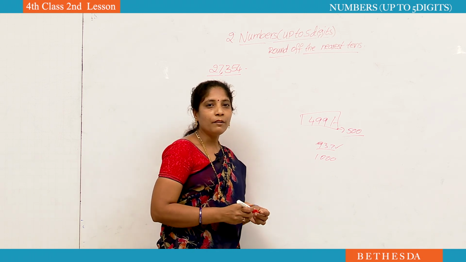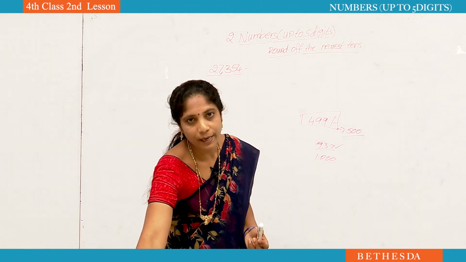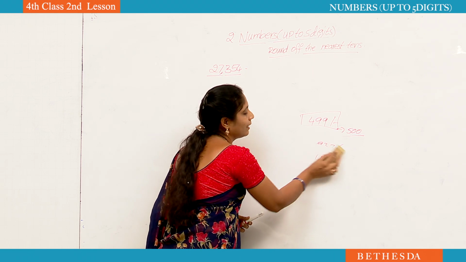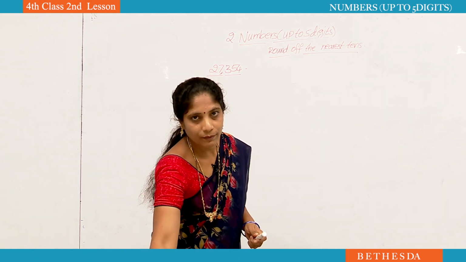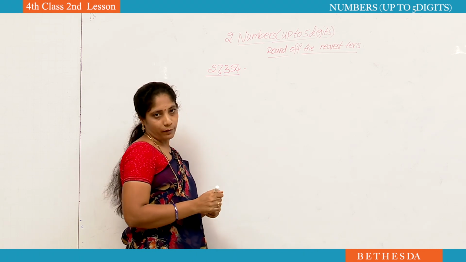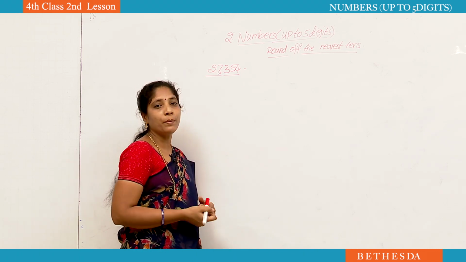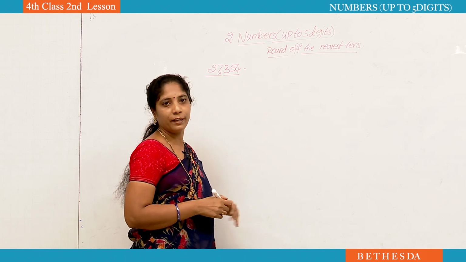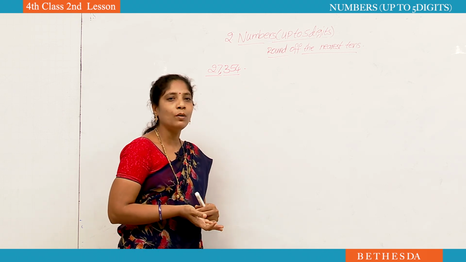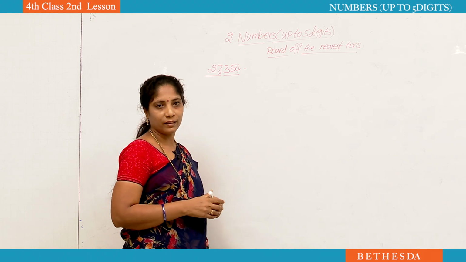Because he finds the nearest, to calculate easily. They will say round off, they will say the estimated value. We can say round off or estimated value. If they ask for estimated value or round off also, you have to do it like this only.